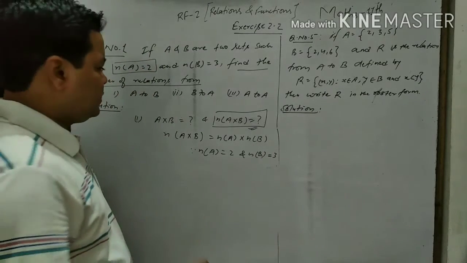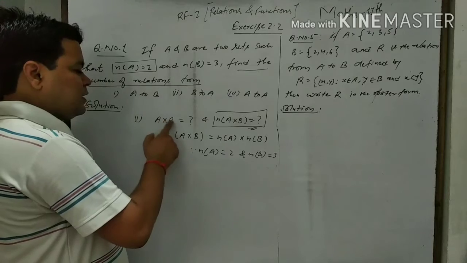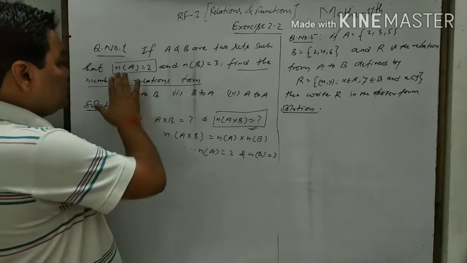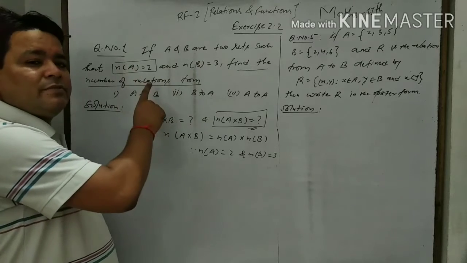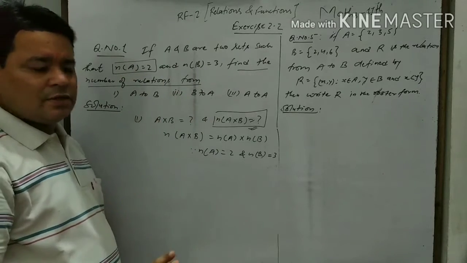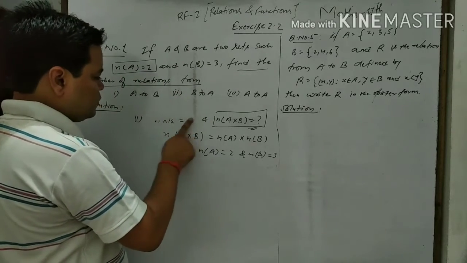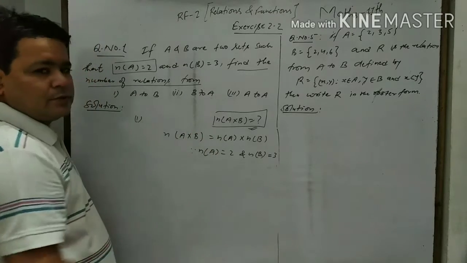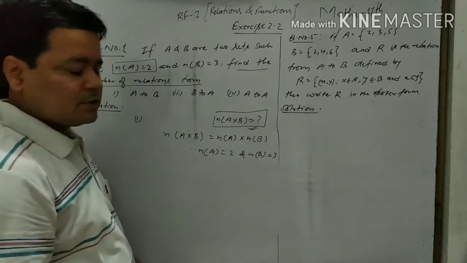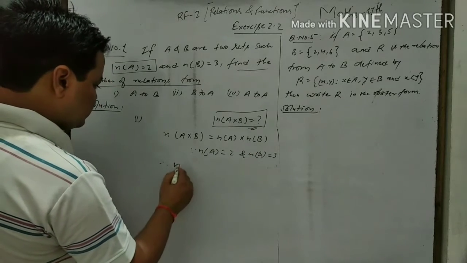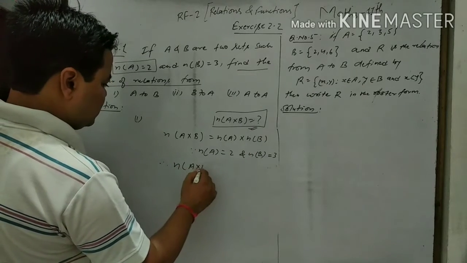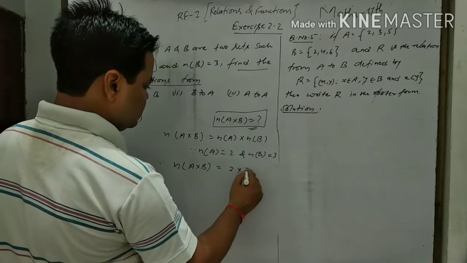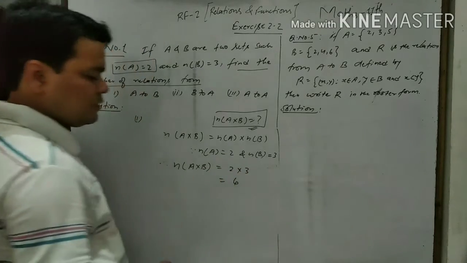If we want to find the Cartesian product of A cross B, it is not possible here because only the number of elements is given. What the elements are is not given, so it is not possible to find it without the elements. But here we can find this. Therefore the cardinal number of A cross B is equal to 2 times 3, that is 6.